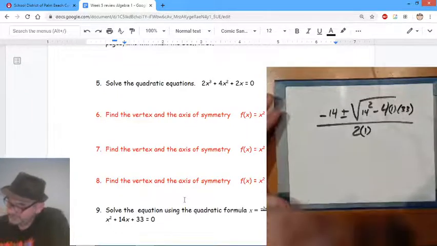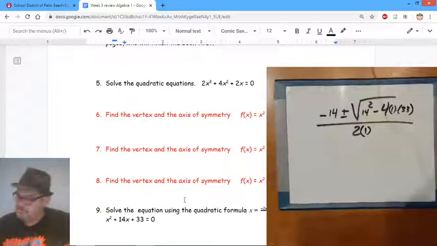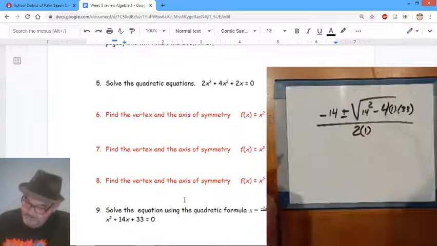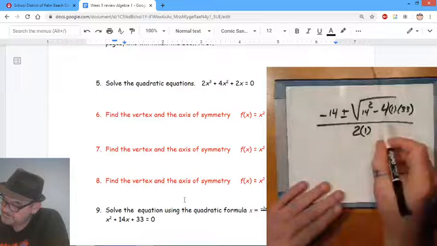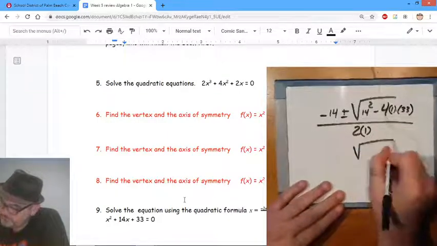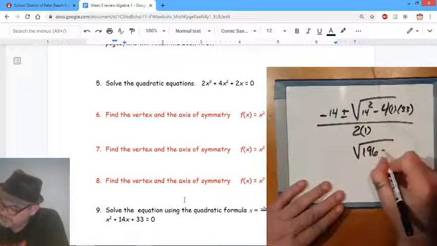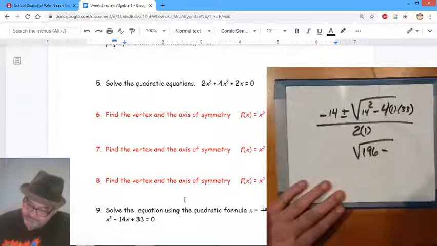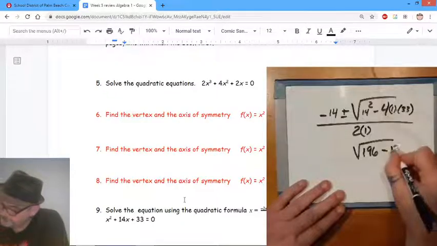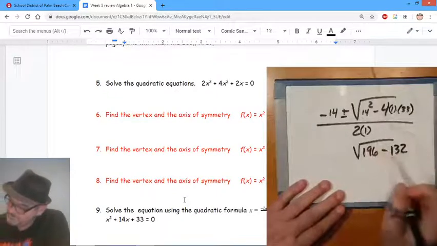So let's simplify. What is 14 squared? 14 times 14 is 196. So I got the square root of 196 minus 4 times 1 is 4. And 4 times 33 is 132. So minus 132.